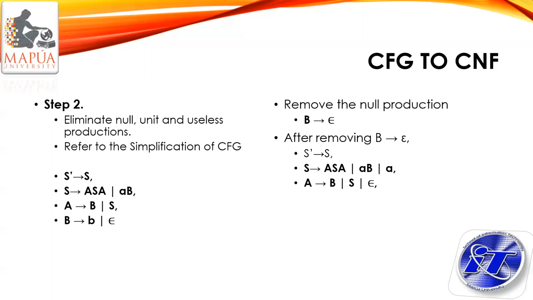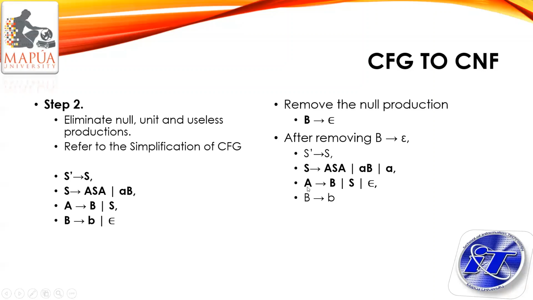Then just copy the fourth rule, removing the null symbol since we already substituted it for B in the other rules. As you can see in this result, we have a new null production that involves A.